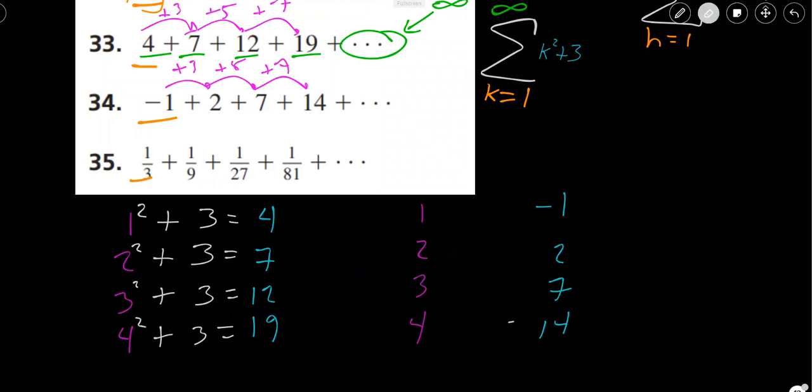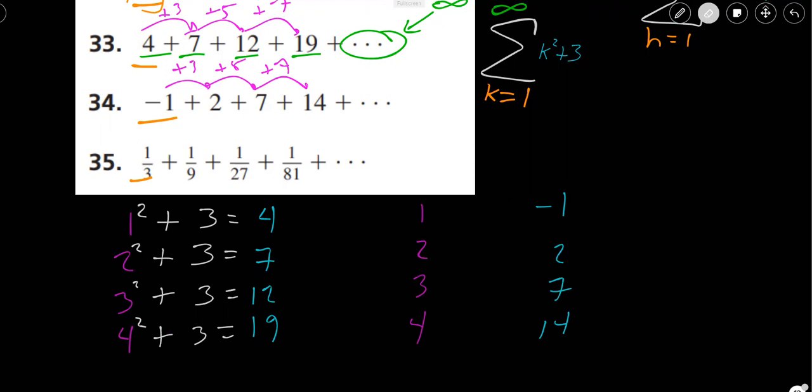So let's try multiplication. Maybe this will be a little bit easier. 1 times -1 equals -1, 2 times 1 equals 2, 3 times 7/3 equals 7, and 4 times 7/2 equals 14. That's still not very good. In fact, that's also quite messy.